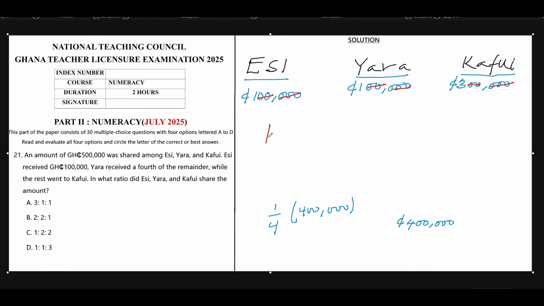So we are left with 1, 1, and then 3. Because we are looking at ratio, we compare AC is to Yara is to Kafui. And that gives 1 is to 1 is to 3. We select option D.